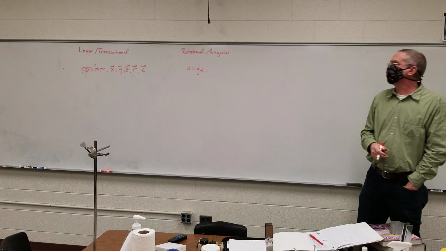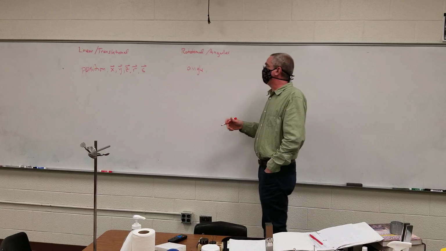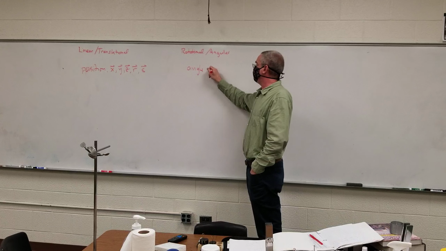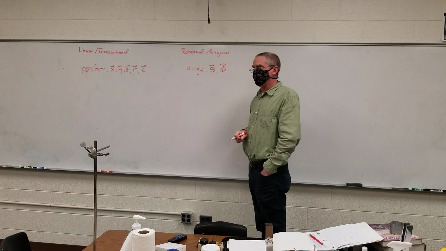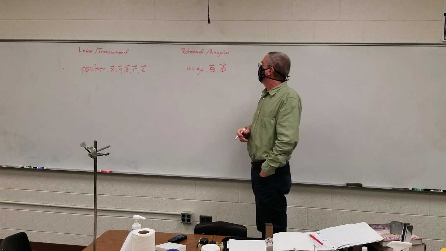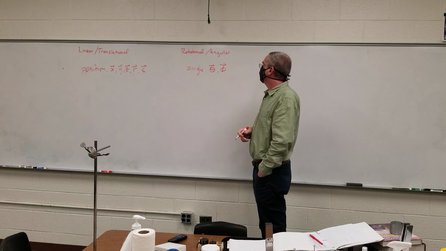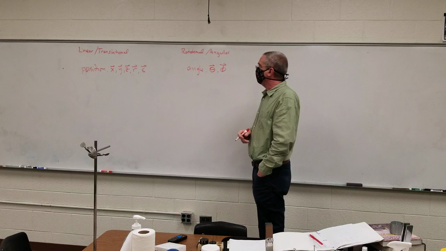Now the typical symbol used for angle are the ones that I've been using, theta, except we'll put a vector symbol over it now. Theta, phi are the two most common ones, but there are other ones that can be used. But I'll just stick with those two for now.